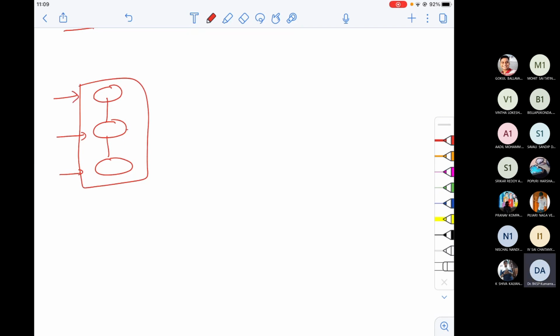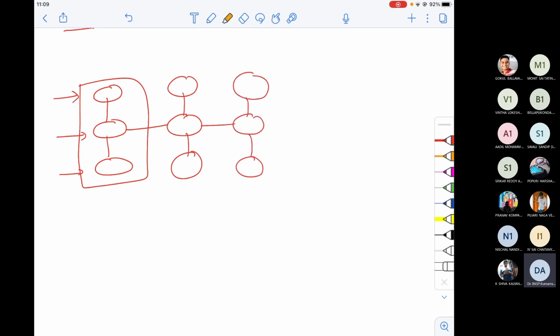Now this hidden state is connected to the next hidden state, next input, and next output. Again, next hidden state, next input, next output. But the common thing across these multiple artificial neural networks is that all of them have only one hidden layer.